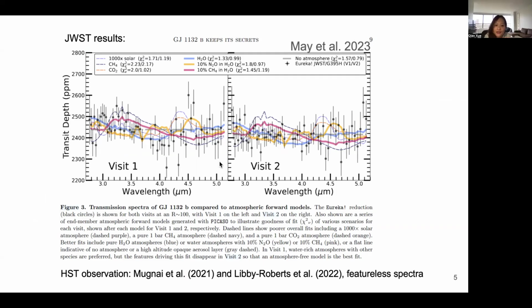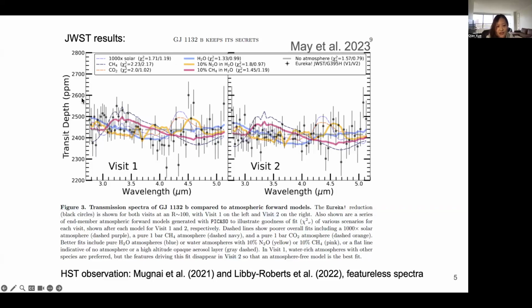Yes. So first of all, they all look featureless to me. But what the model suggests that is different between the first visit and the second visit is that you can kind of see a downward slope here at the beginning of visit 1, below 3.5 microns.